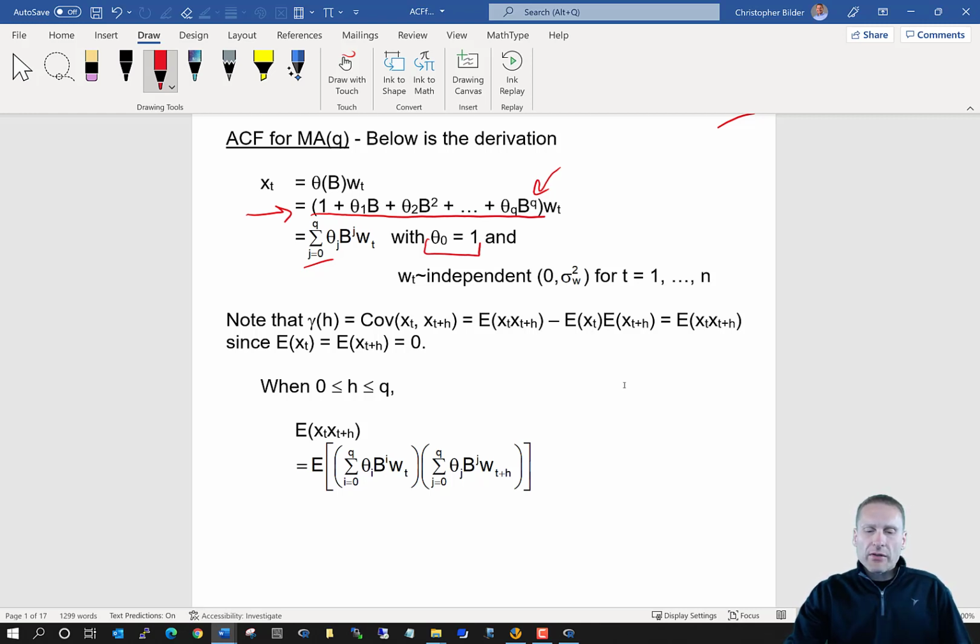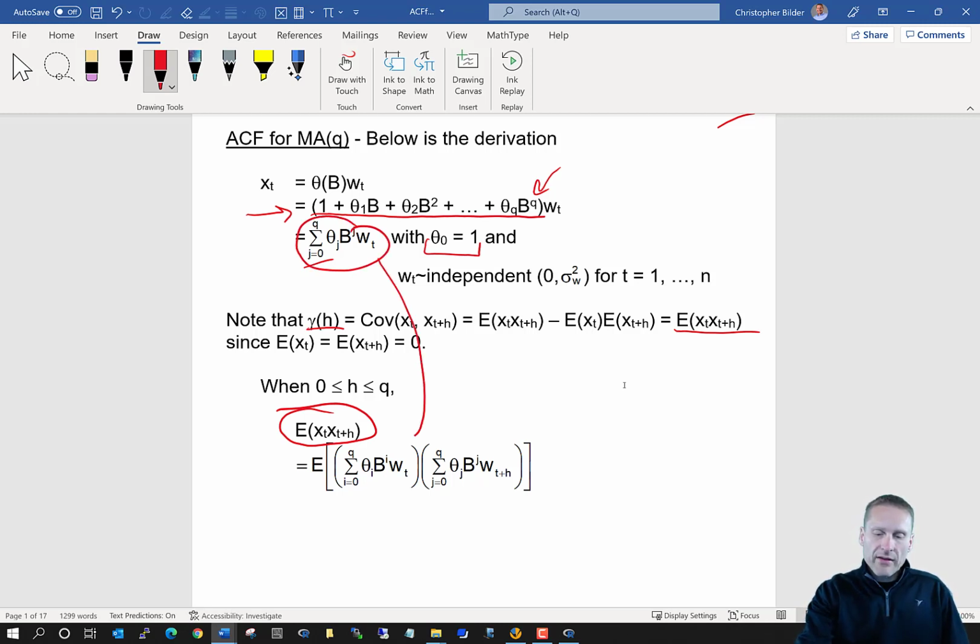So with our particular time series here, our autocovariance function ends up again simplifying down to the expected value of x sub t times x sub t plus h. And to find this expected value, let's plug in what x sub t is here and also what x sub t plus h is as well.